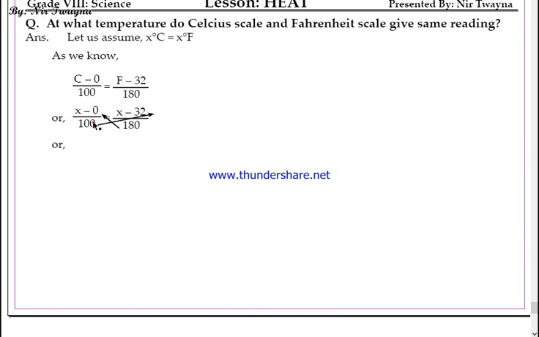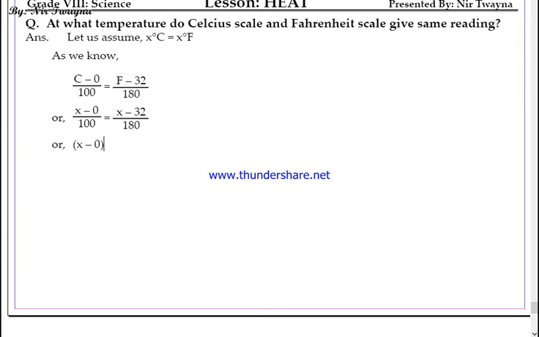Got it? 100 will be multiplied to x minus 32 and 180 will be multiplied to x minus 0. Whenever you cross multiply, don't forget to put brackets, because 180 assumes that x minus 0 is a single term, but there actually are two terms. It assumes it as a single term, so we need to put a bracket.